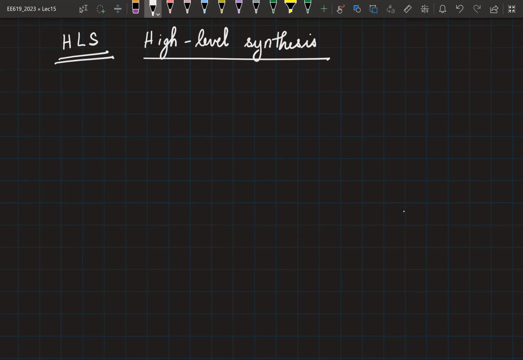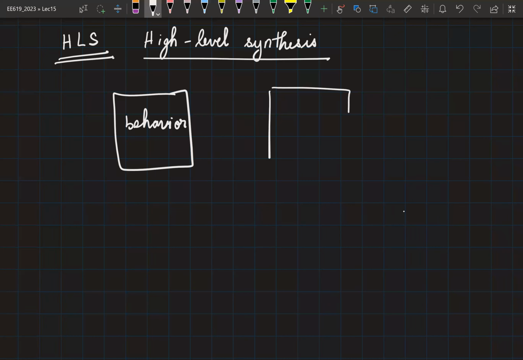You can use C or C++, one of the high-level languages, to describe the behavior of your code. So you will have the behavior described, and along with it, you also have to write a constraint file. And now there are tools that can give you translated hardware based on these two files together.